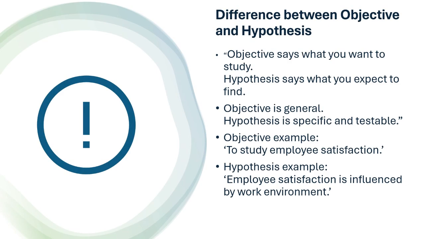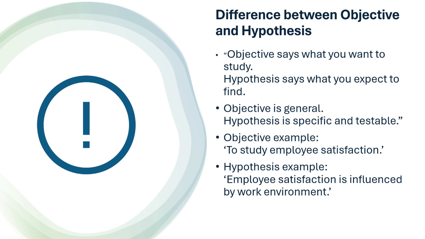So let's recap. There is a difference between objectives and hypothesis. They are not one and the same. Objective says what you want to study, whereas hypothesis defines what you expect to find. Objectives are general in nature, hypotheses are specific and they are testable.